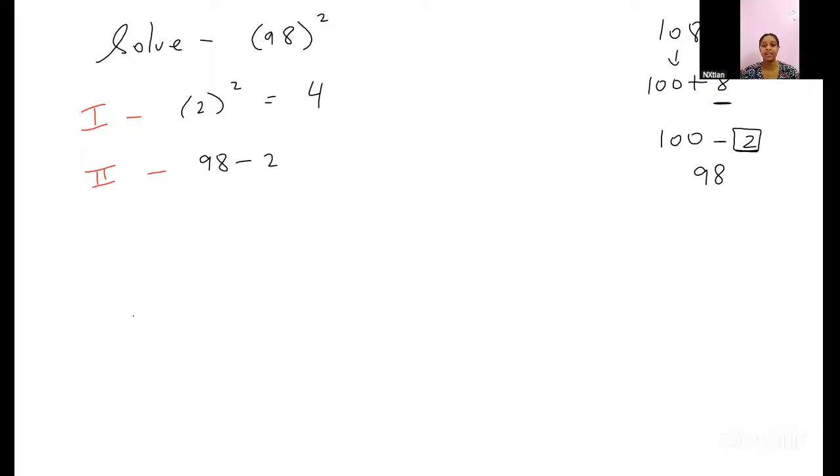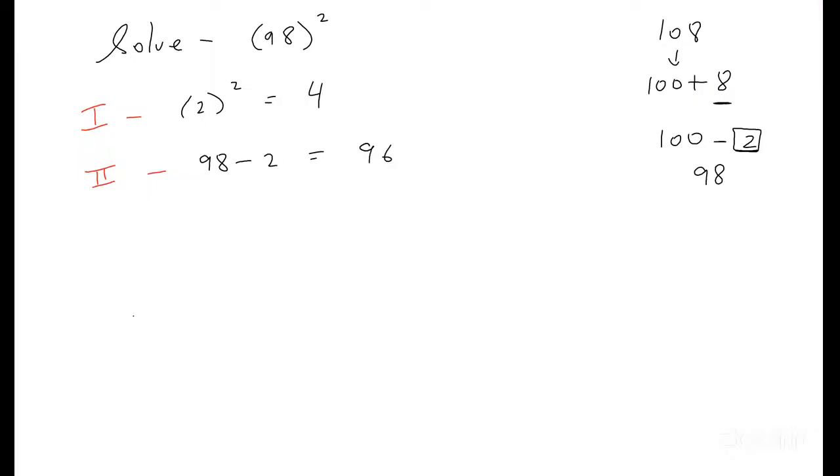What's the deviation? How much the number is less than the base. That value is your deviation when the number is lesser than the base. So 2 is your deviation, and you will do 98 minus 2. How much?